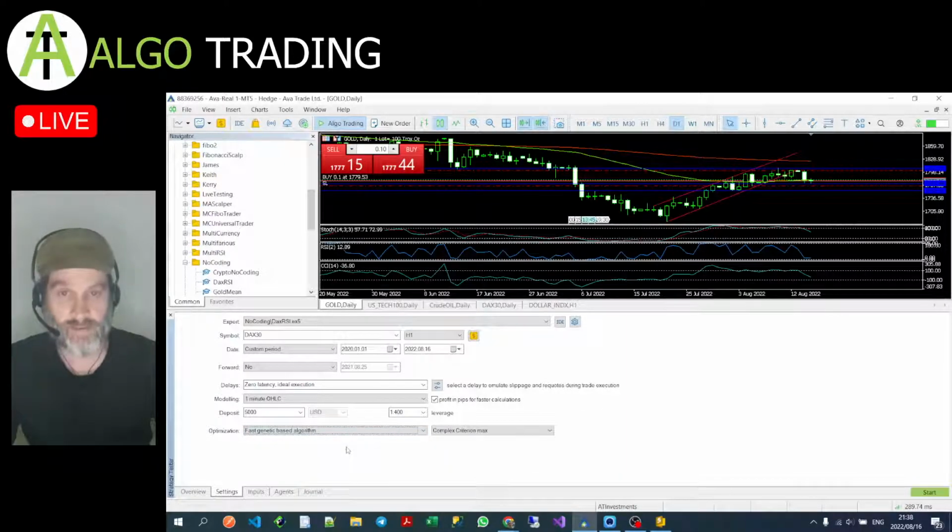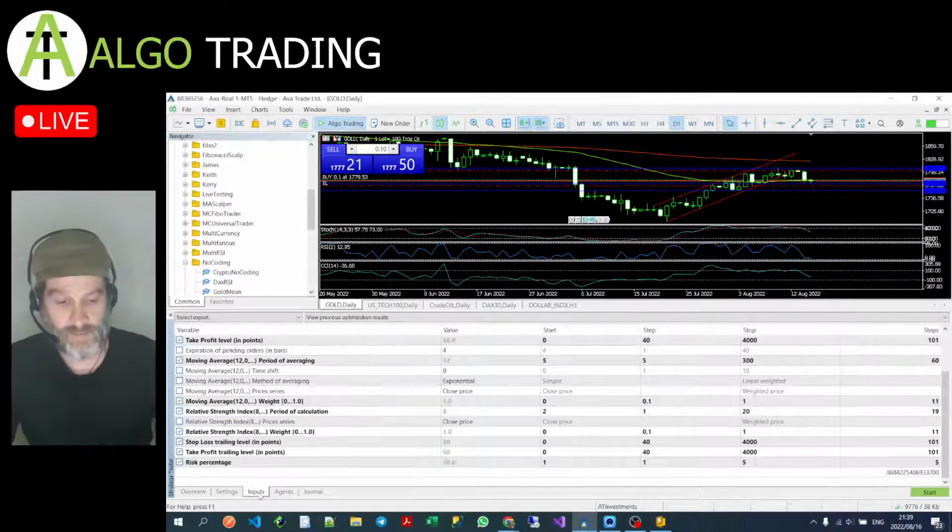Rather do fast generic, get a basic idea of what you want, and if you want to tweak it on slow complete, then just do 15, 20 optimizations, like very few optimizations. But very important, if you do a slow complete optimized algorithm, it's going to cost a lot of money. So just remember that when optimizing.